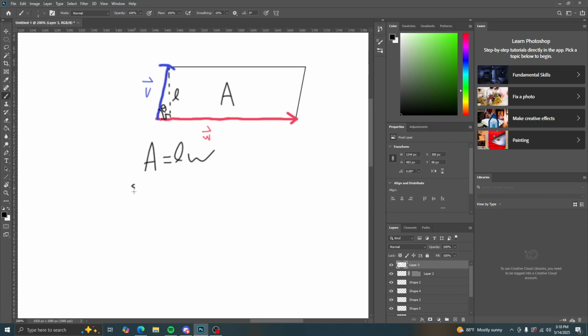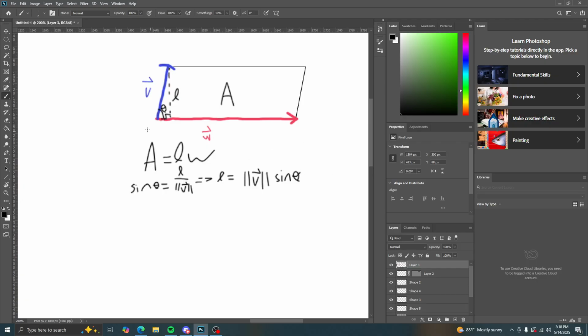Sine theta is equal to the opposite over the hypotenuse, which is L over the magnitude of vector v. And now to solve for L, we would just do L equals the magnitude of vector v times sine of theta.